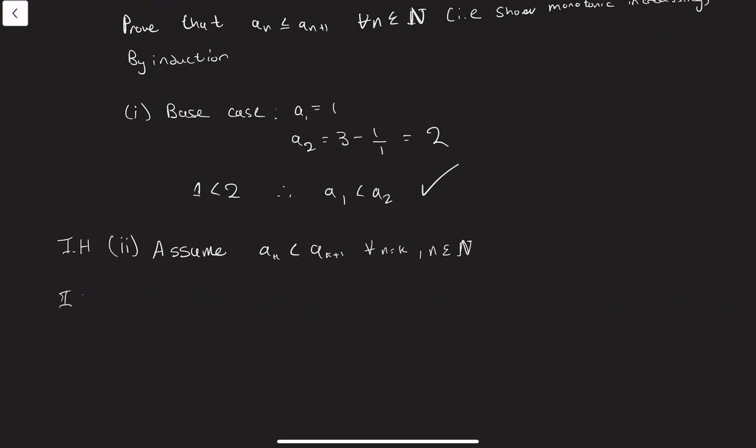Great, so for the induction step, number 3, we need to prove AK plus 1 is less than AK plus 2. So that's what we need to get to. But how do we actually get to this value? How do we prove this?